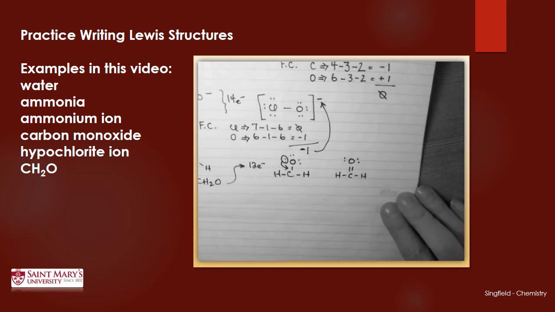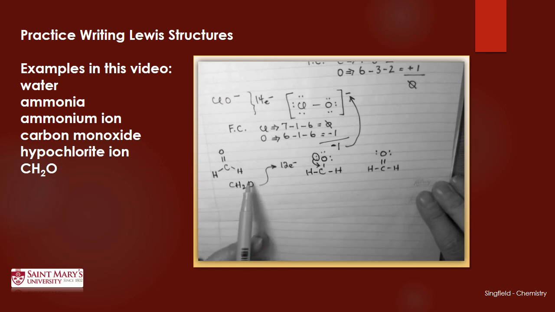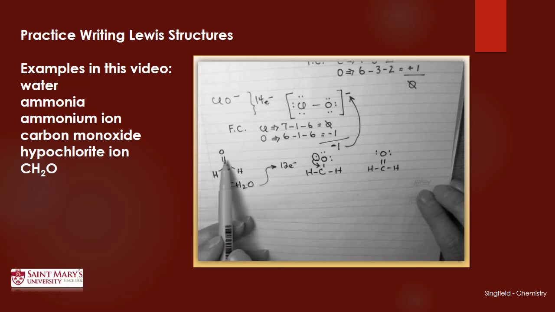So when we become very familiar with doing these, we would have looked at the first structure in the first place and said, oh, hydrogen has 2, carbon has 2, 4, 6, 8, good, oxygen has 2, 4, oh, I'm missing 2 lone pairs. So whenever we have oxygen, and you'll see whenever we have nitrogen, they always have an octet of electrons.